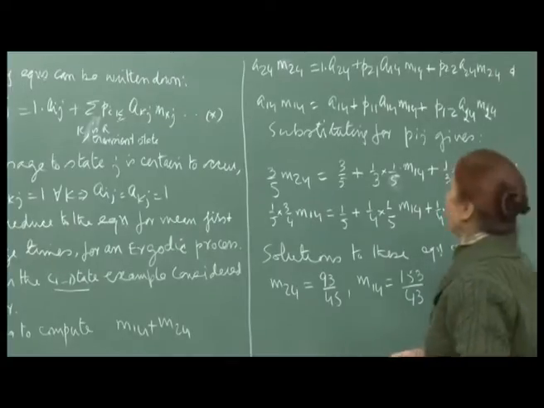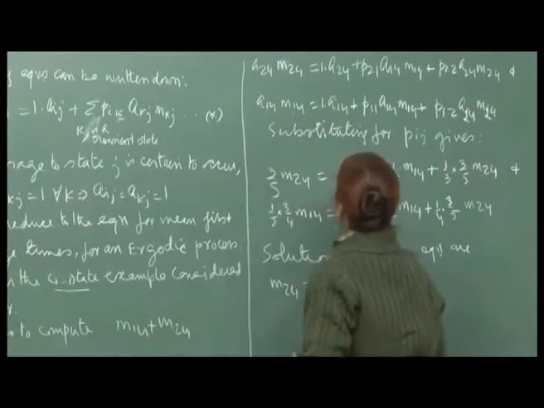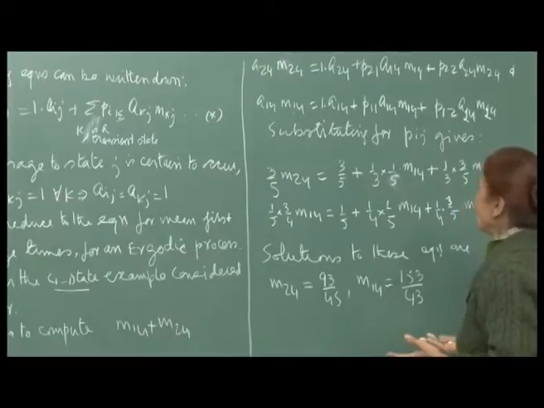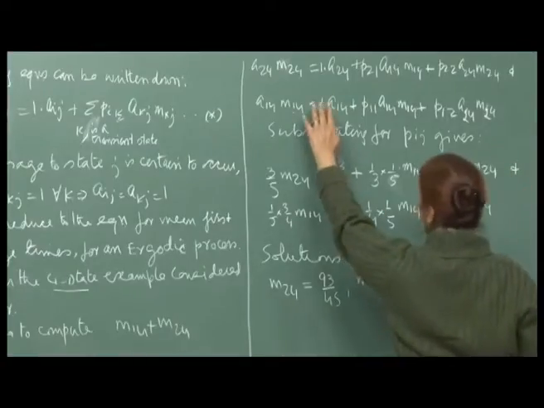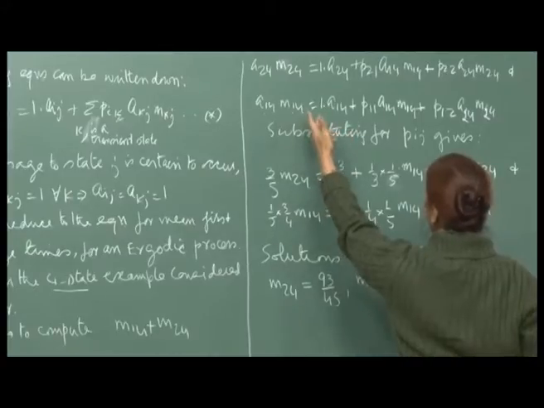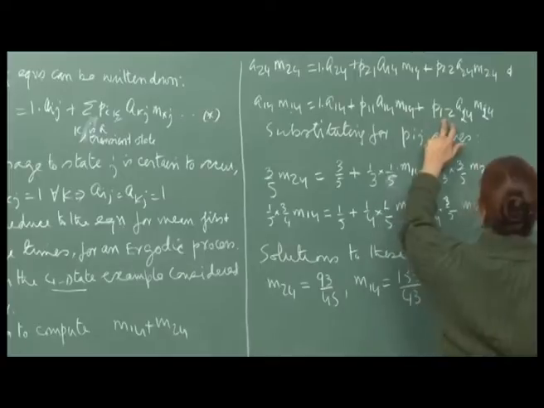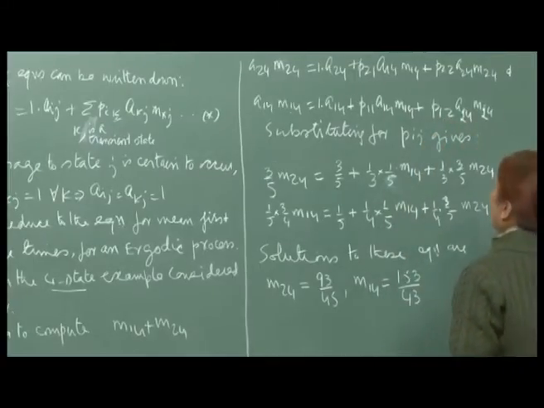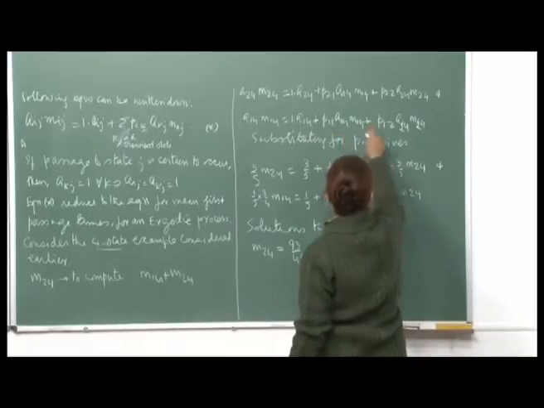Similarly, if I want to look at m14, then it will be a14 into m14, then 1 into a14. So, I will transition from 1 to 4, and this will be in one step, and then the mean first passage time will be 1 plus p11 a14 m14 plus p12 a24 m24. Okay. So, here again from 1 you can transition to itself, or you can transition to 2.